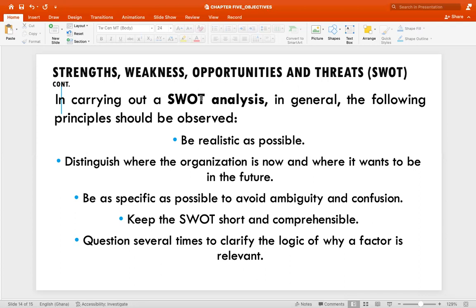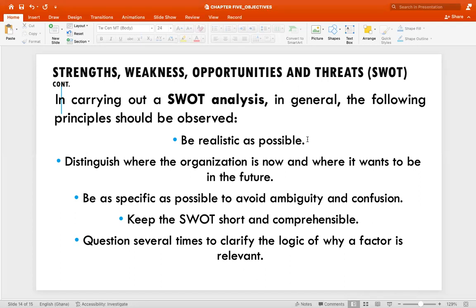The thing that you claim to be an opportunity, is it really an opportunity? Or do you basically want to force an opportunity where it does not exist? The same applies to the negatives. Is it really your weakness, or have you not really thought it through? Is it really a threat, or is it not? So you have to be realistic as much as possible.